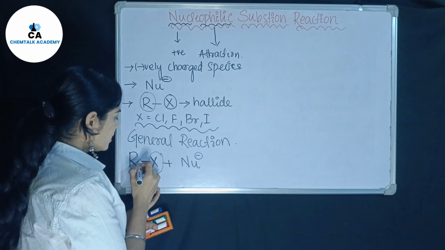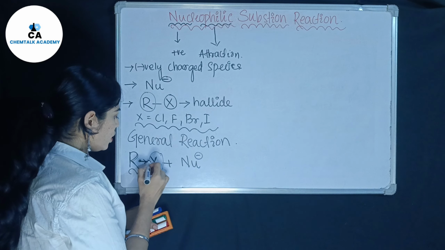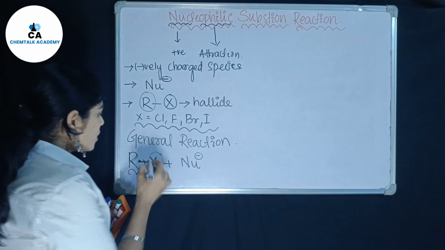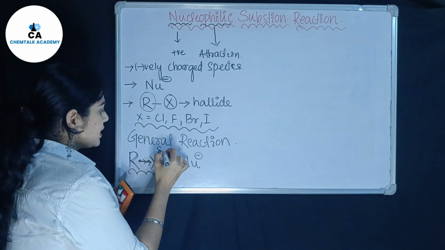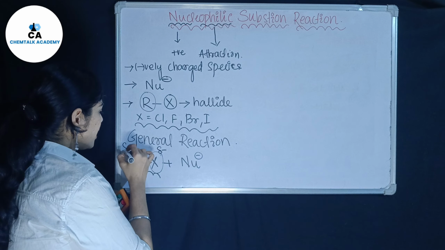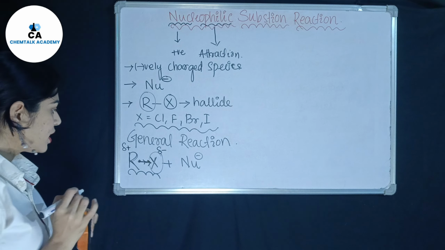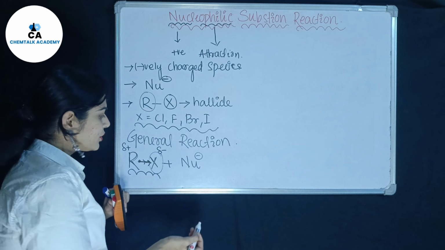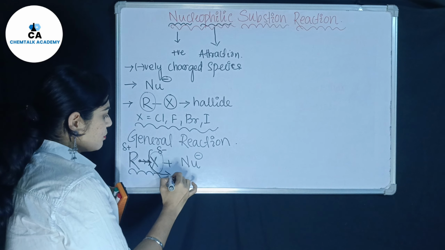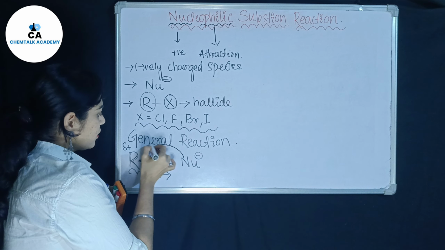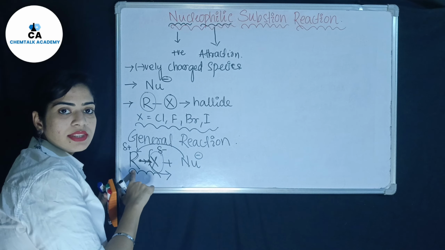So the shared pair of electrons is pulled towards the halogen. The halogen gets a partial negative charge and R gets a partial positive charge. Now the attack of the nucleophile takes place at the positive charge.